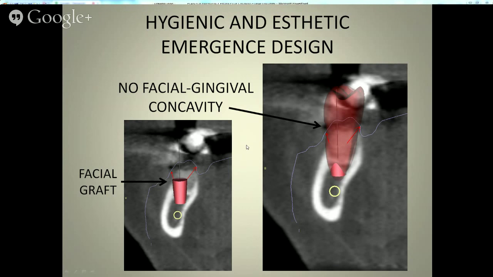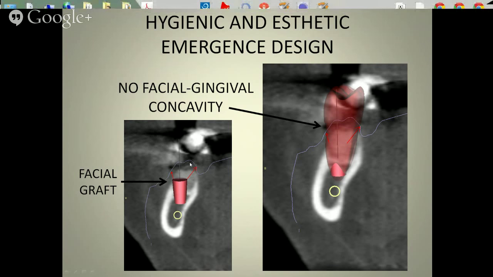Okay, there's a question asking if this tracing of the soft tissue in the image is taken from the model scan. It is. What we do is, whether we use a scanning appliance or not, we can get models into this software now either way, and we have to superimpose the model scan over the patient scan into 3D, and this is simply an outline of that model scan in the edentulous area where the implant's going to go.